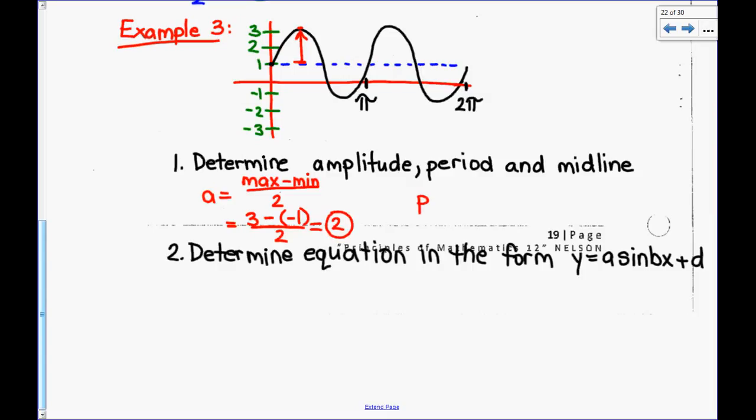Period is 2 pi over B. Problem is we don't see our B. So the formula maybe won't help us in this case. Can we tell just from looking at the graph? 1 period is 1 complete rotation, right? So from where the graph started, this one normally starts at the origin, but in this case it has a vertical shift. It's been shifted up 1.